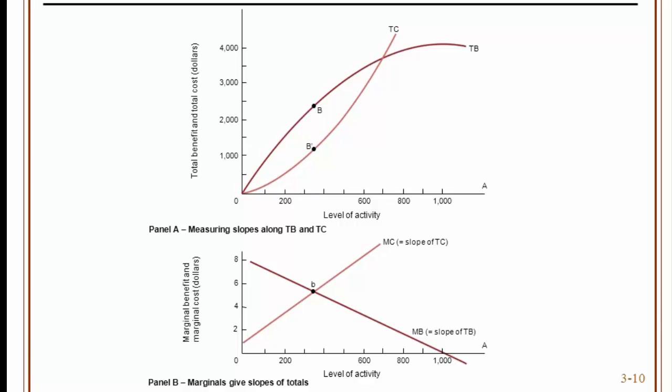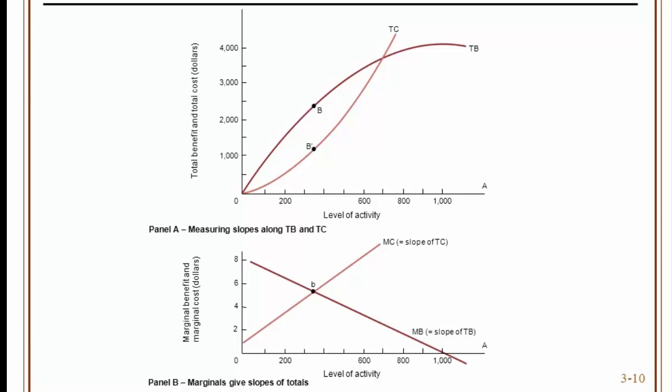When I get to that point B at 350 units, the slopes of those two lines are equal to each other. If you can't see that, go to the other end. Go to about 700 units, where the two curves cross. Where the total benefit and total cost cross at 700 units, now the total cost line is steeper and the total benefit line is flatter. So the two slopes are unequal there.